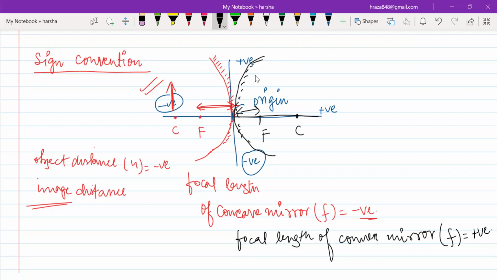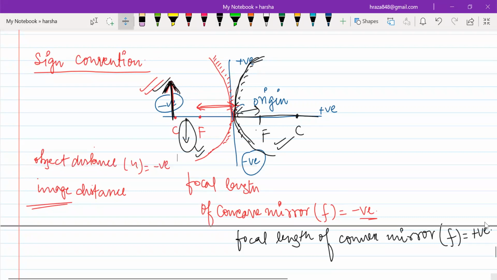It will be positive because in a convex mirror the focus is on the right hand side, whereas in a concave mirror it is on the left hand side. Are you getting my point? Yes, sir. And you know that generally we take an erect object, a straight object, so its height will be positive, and the image height will be negative if it is downward. Okay. Okay, sir.